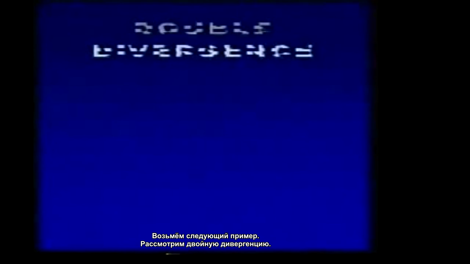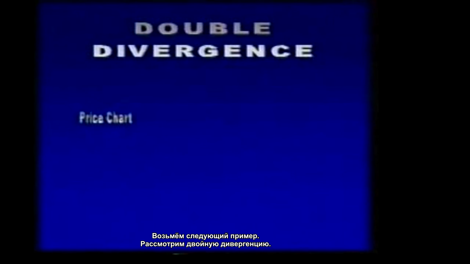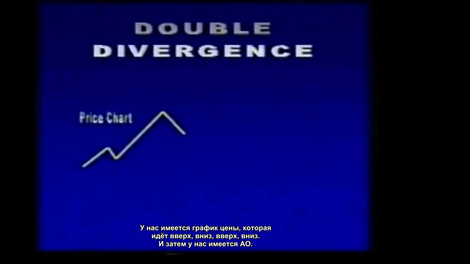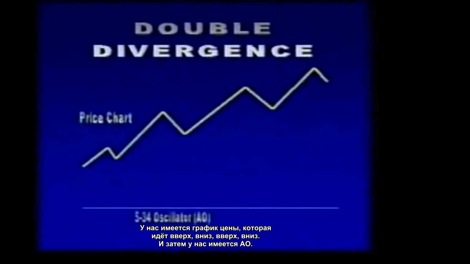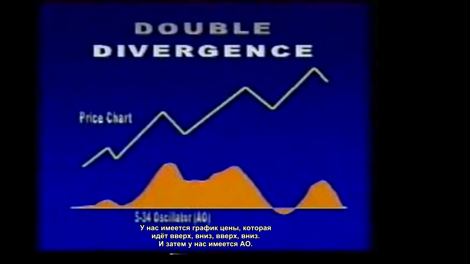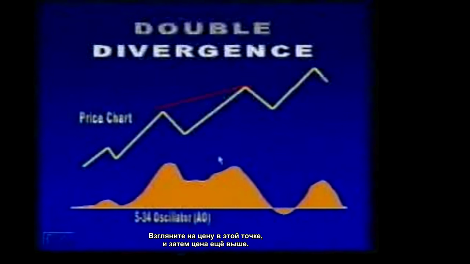Let's take another look. Let's take a look at double divergence. We have a price chart here that's going up and down and up and down. And then we have the oscillator, the 534 awesome oscillator. We have a price at this point, and then we have a higher price. We have momentum at a high at this point, and at the second point it's less high. That's a divergence.